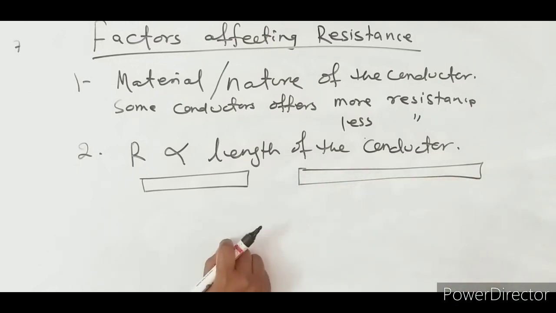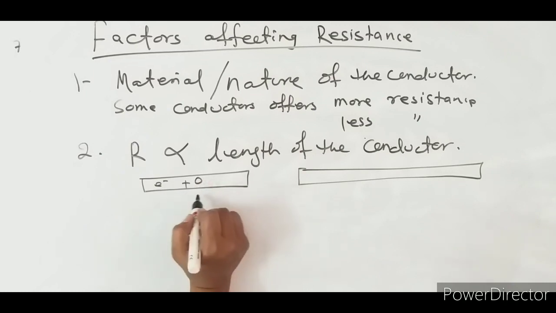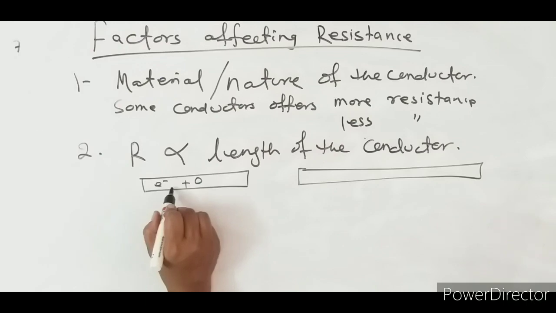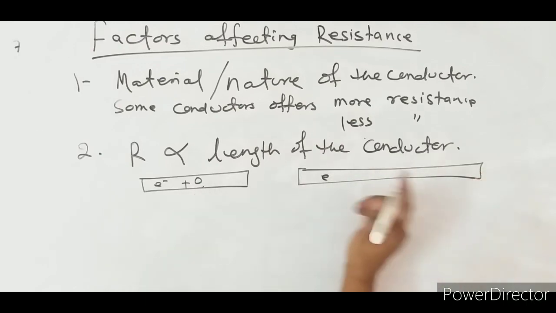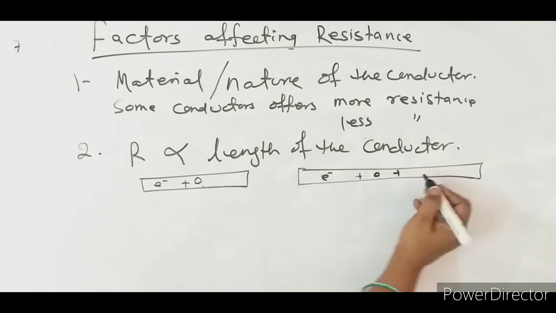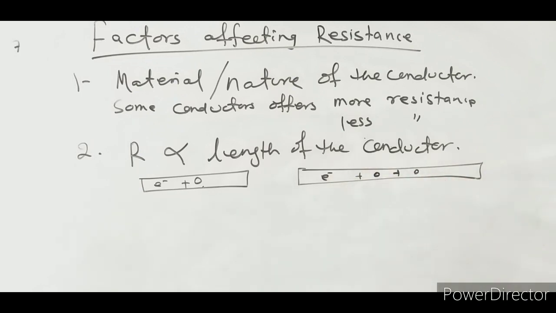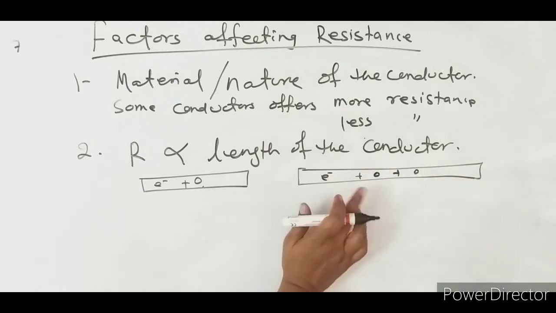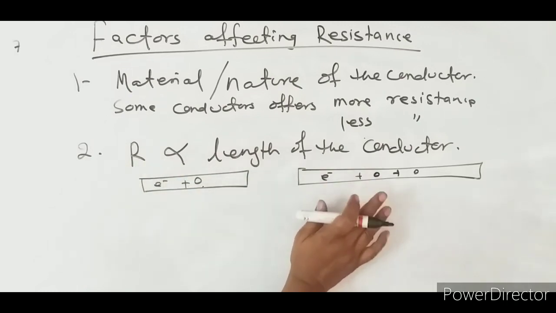Electrons are flowing, positive charges and atoms are there. Here, electrons have to move a long distance, so they have to come across more positive charges and atoms. That is why the more the length, the more the resistance.